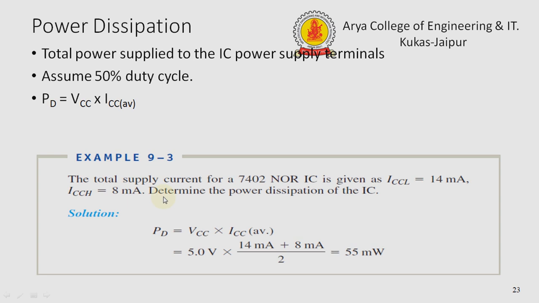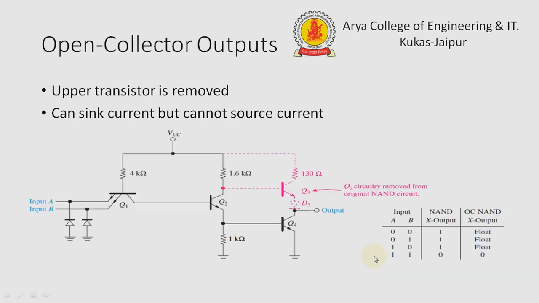Here is an example: if the total supply current for a NOR IC is 14 mA and 8 mA, what is the total power dissipation? It equals VCC multiplied by ICC average. VCC is given here as 5 volt and ICC equals (14 plus 8) by 2, so this equals 55 milliwatt.